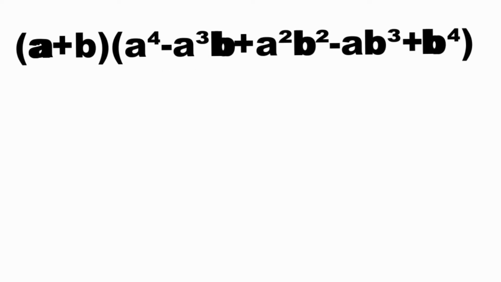It is in the form quantity a plus b times quantity a to the fourth minus a cube b plus a squared b squared minus a b cube plus b to the fourth.